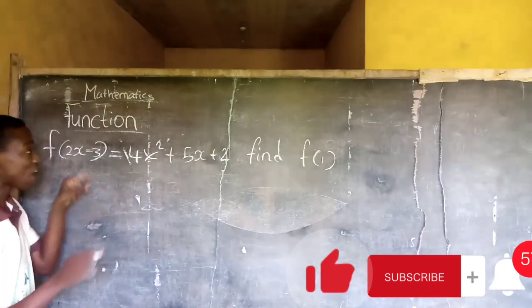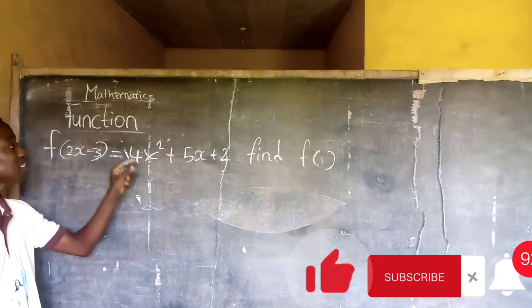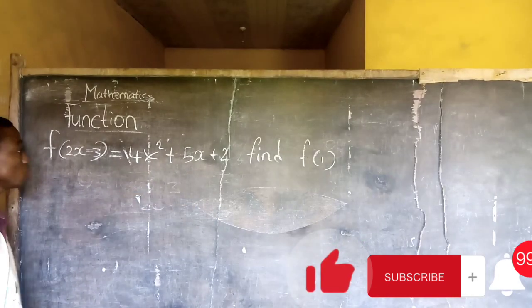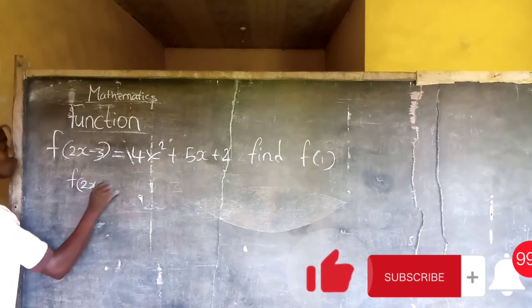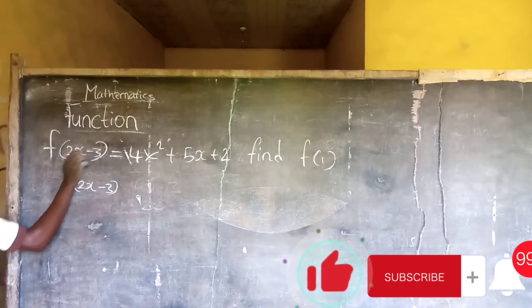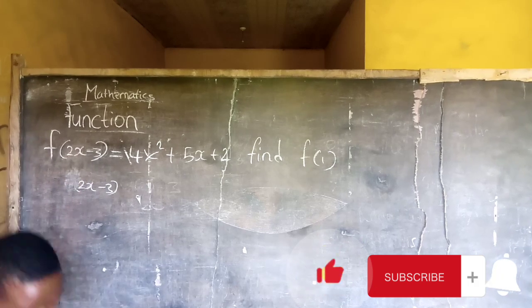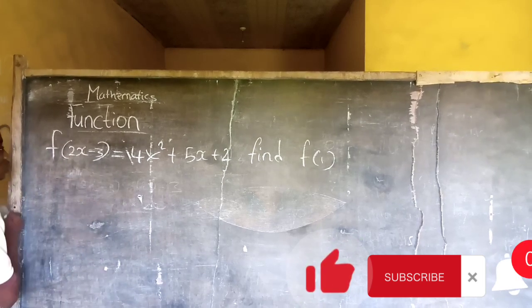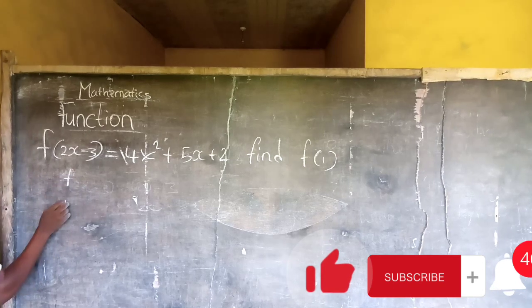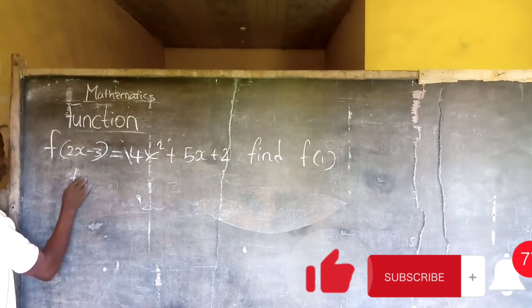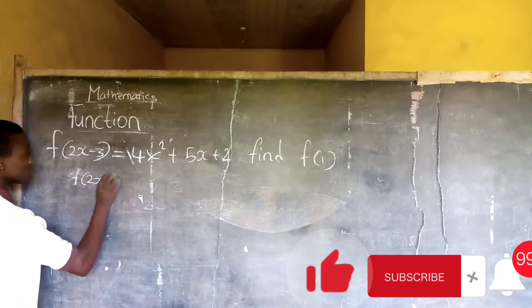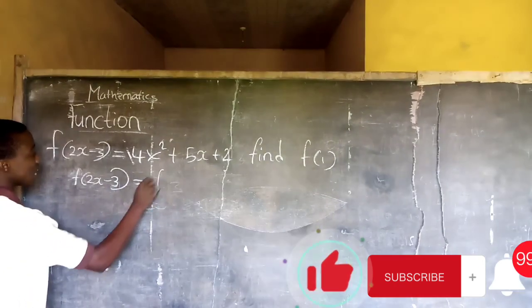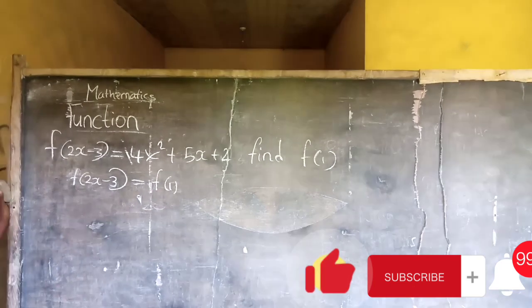No. If you try it, you have made the biggest mistake. So what we're going to do, we're going to do it very simple. We are going to equate this function, and remember that you can equate this function with that function, f of 1.